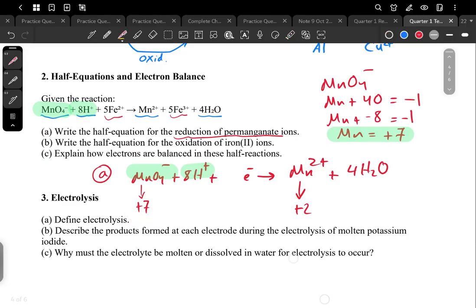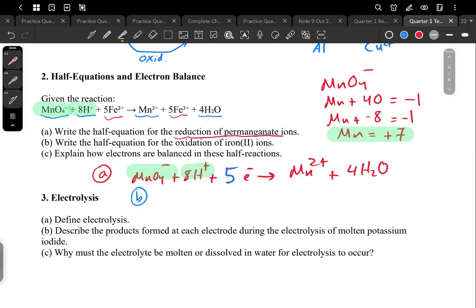Yes, correct. 5 electrons. There's a difference of 5 between the oxidation numbers of manganese before and after the reaction. Guys, I know this needs a few more steps, but finally we can get it. So this is positive 7 and this is positive 2. Okay, B.